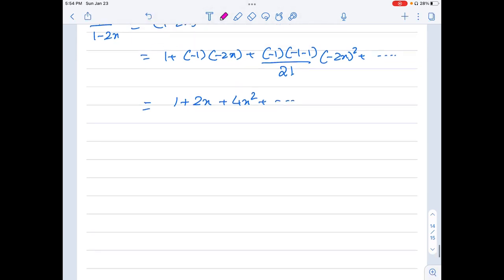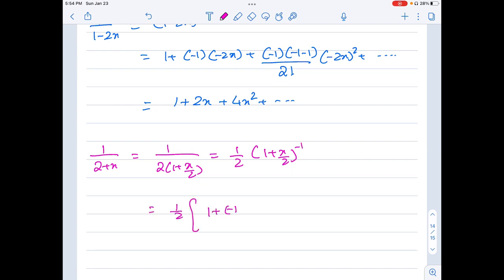Take the second one now, 1 upon 2 plus x. So 1 upon 2 common, 1 plus x upon 2. So 1 upon 2 times (1 plus x upon 2) whole to the power of minus 1. So 1 upon 2 times 1 plus nx, then n into n minus 1 upon 2 factorial x square.